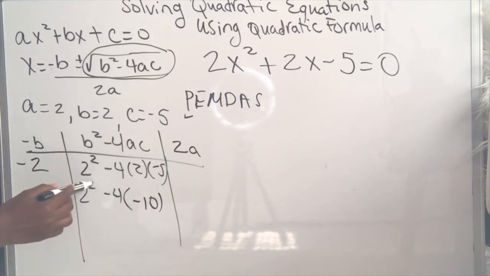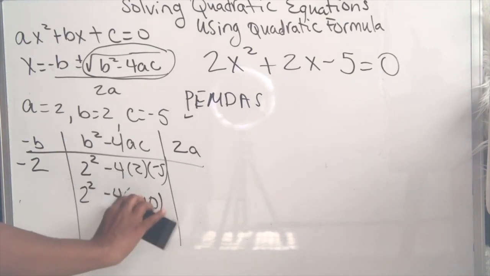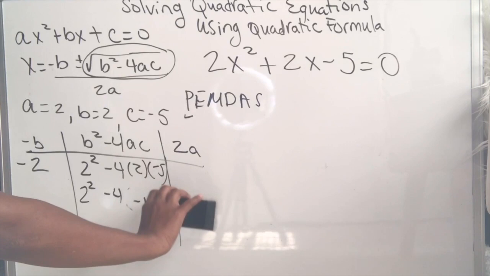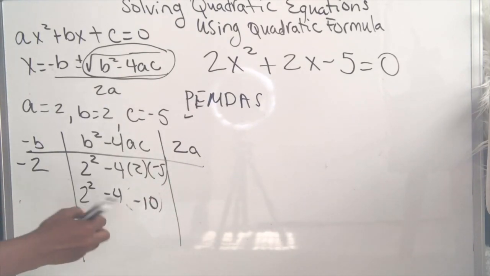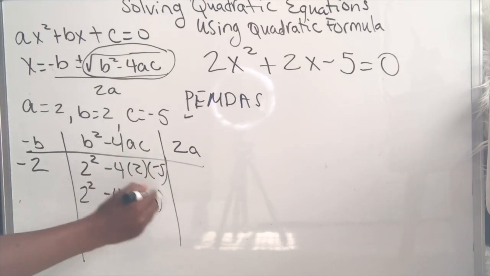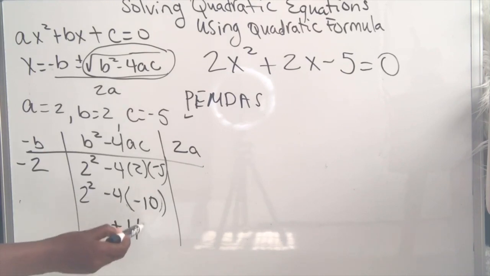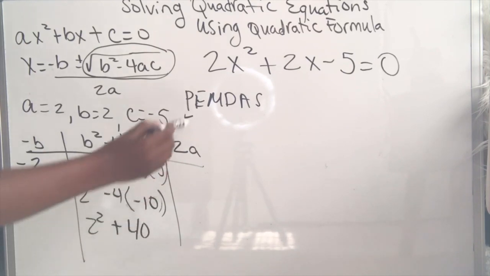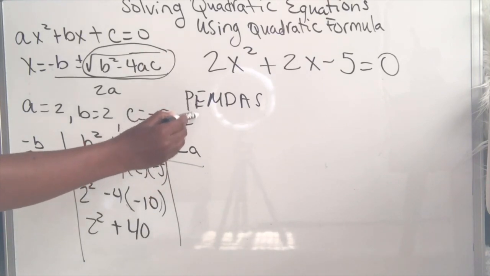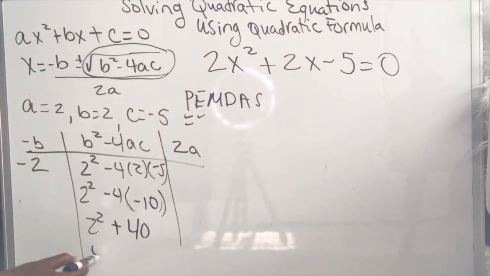So I'm going to put this as negative 4 times, you can write it as parentheses again. It doesn't matter. Do we have any parentheses? Yes, we do. Negative 4 times negative 10 is positive 40. And then, do we have any exponents? Yes, we do. 2 squared is 4.